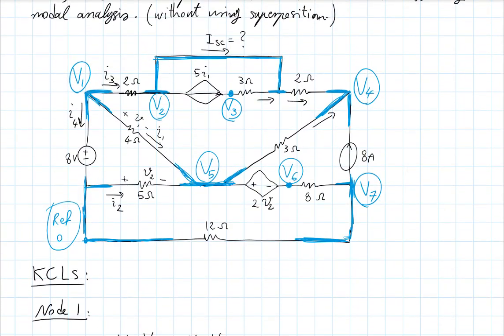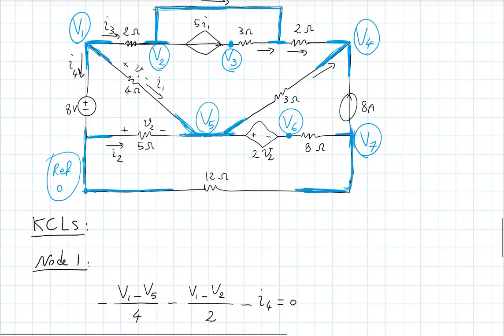Node 5, I have the currents from the 4 ohm, 5 ohm, and 3 ohm resistors. But then I also have to deal with this. So let's call this some I0 here.